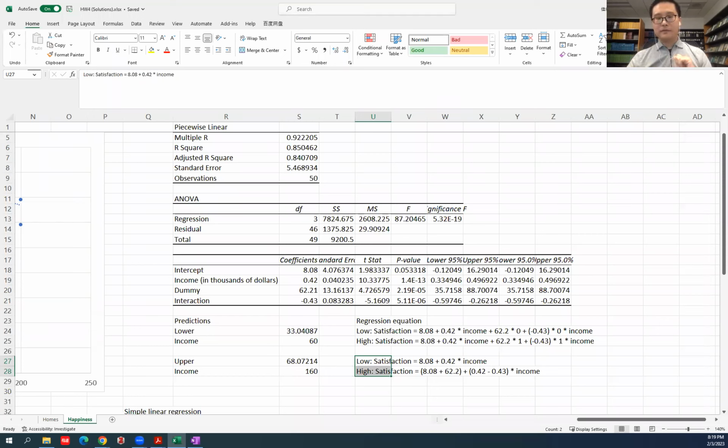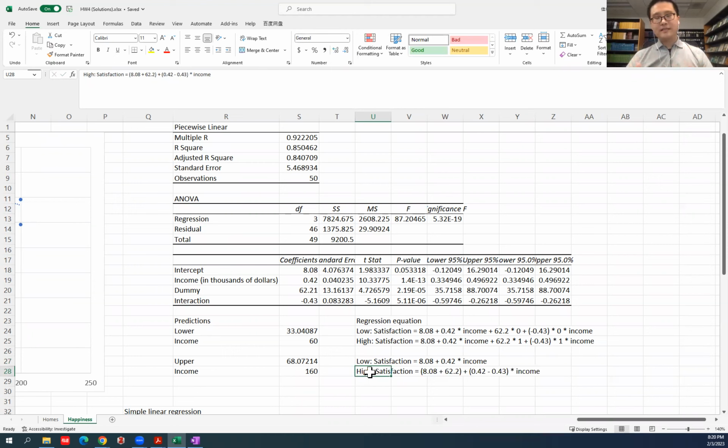So first, we would like to mention that the impact of income on life satisfaction, represented by the slope, is 0.42 for the low income group. After the calculation for the high income group, it's about negative 0.01. They differ between the two income groups.